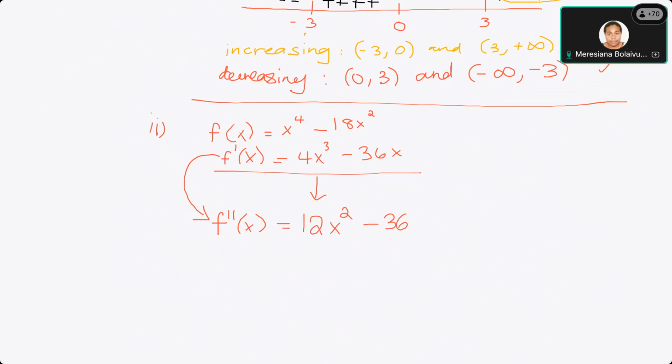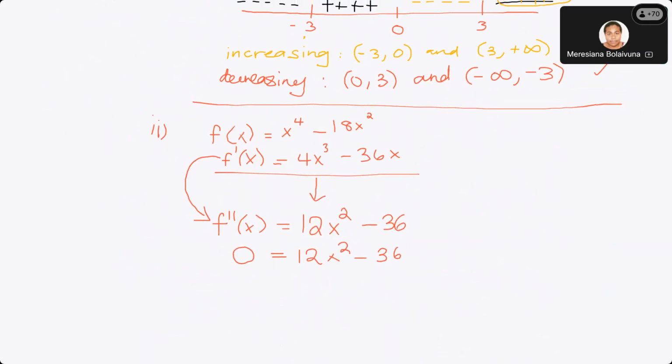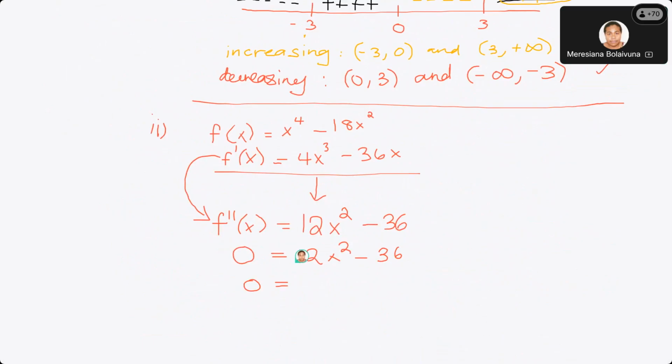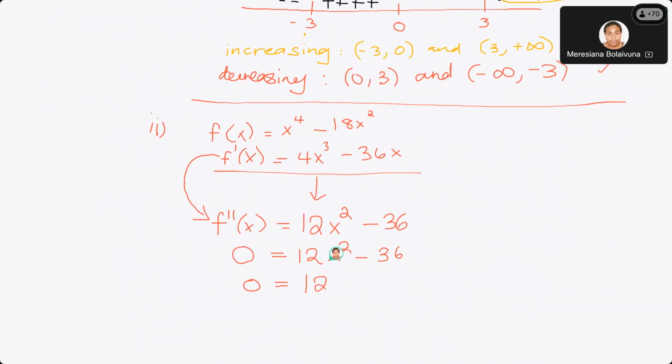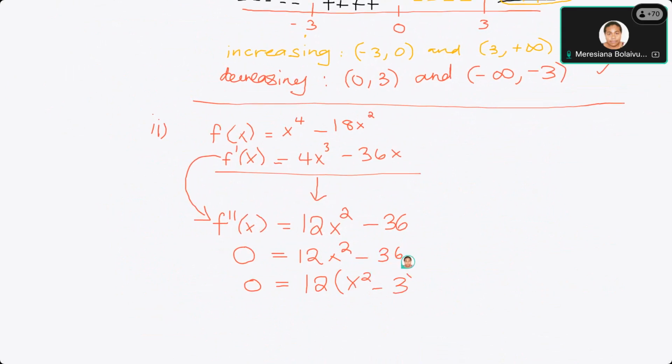All good. Now equate this to 0 and solve for x. 12x squared minus 36 equated to 0. When you equate this to 0, the common factor is 12, and then you have x squared minus 3. Then divide both sides by 12.